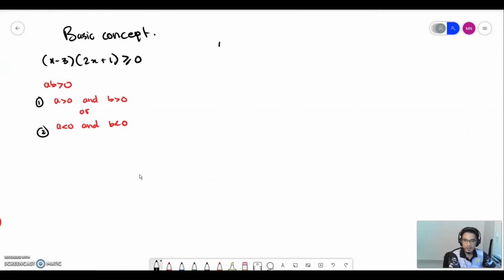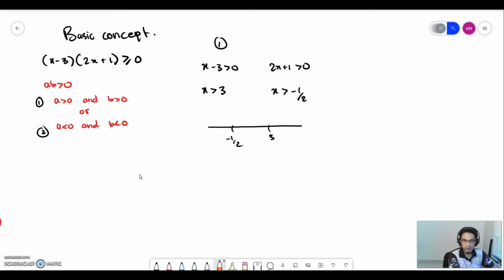Okay, for the first part we write it here. A is bigger than 0, so we take x minus 3 bigger than 0, and 2x plus 1 is bigger than 0. So x is bigger than positive 3. Then we have x is bigger than negative 1 over 2. So we draw a line, negative 1 over 2, and we have 3. So x goes to the region that is bigger than 3, and we have to draw the inequality with an equal sign.